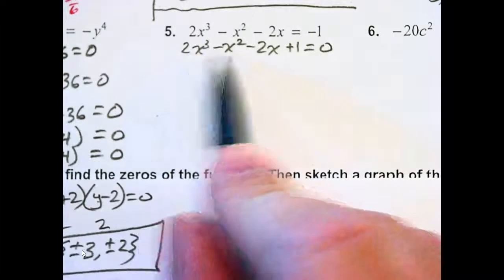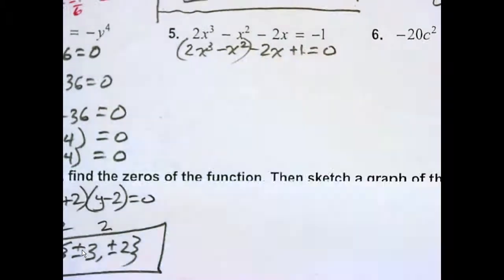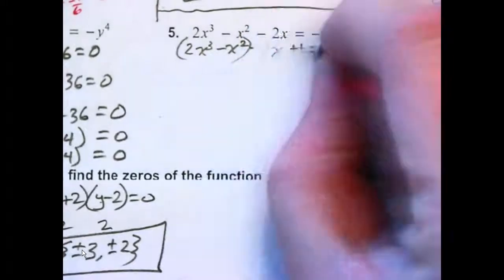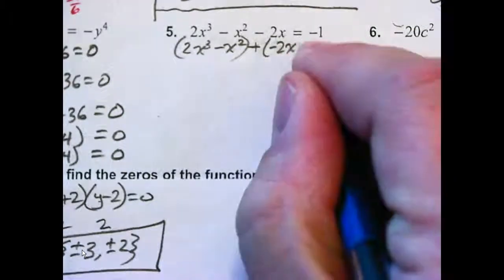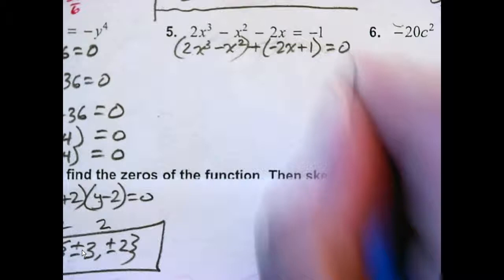If I group this one and this one, that's what I'm going to try first. And then I'm going to try grouping this and this. So I need to rewrite that minus 2x. I'm going to put plus, and then negative 2x, and plus 1 there. And negative 1, I'm left with 2x minus 1.